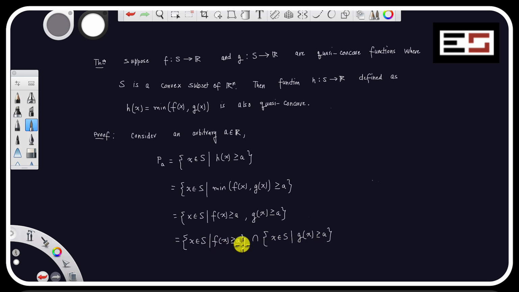So it's the intersection of two convex sets, which we already know is a convex set, because the intersection of any two convex sets is convex. Therefore we have shown that P_a is a convex set, and since this was an arbitrary a, that means h is a quasi-concave function.